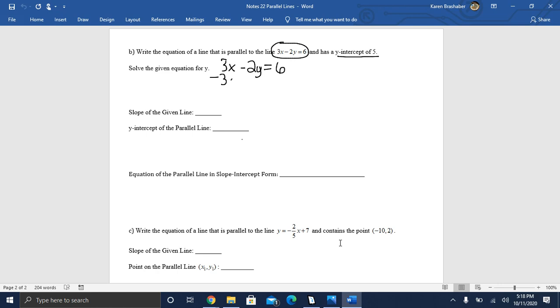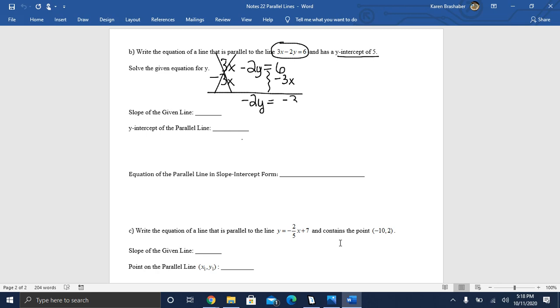I'll need to subtract 3x, here's my equal sign, from both sides of the equal sign. Now notice that my negative 2y will come down, and I remember I cannot subtract the 6 and the negative 3x because they're not like terms.